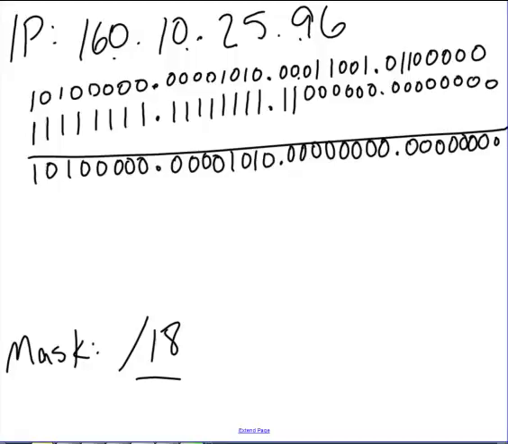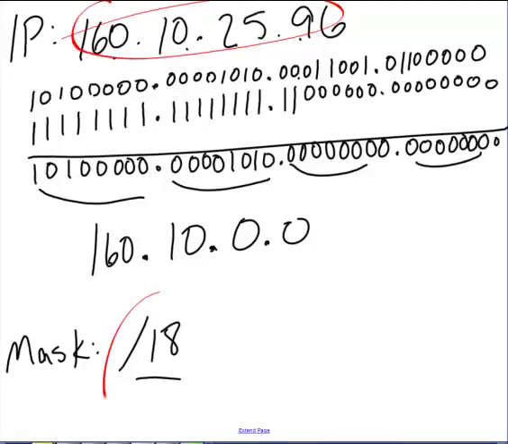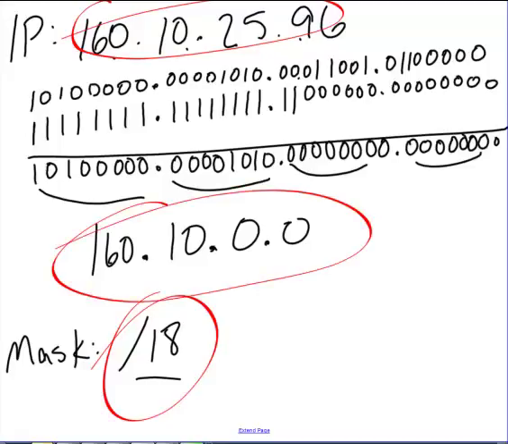If we convert this back to decimal notation, we get 160.10.0.0. So using this IP address with this mask gives us that subnet.